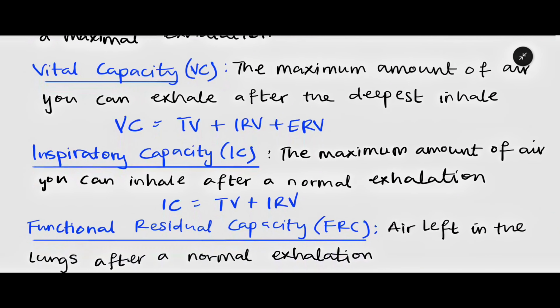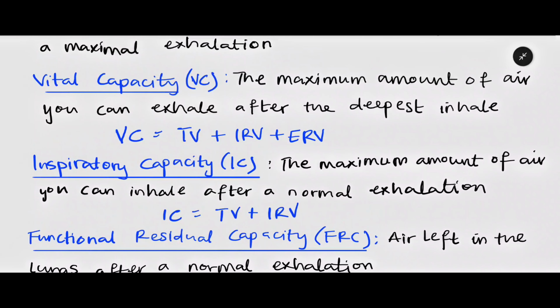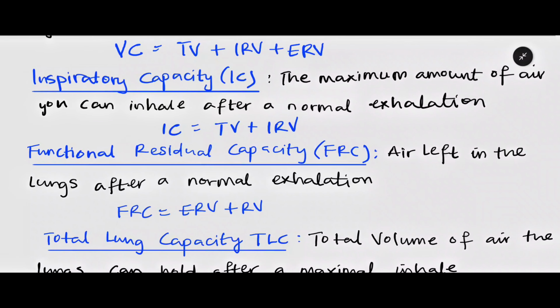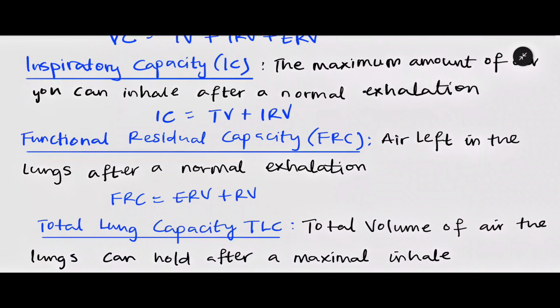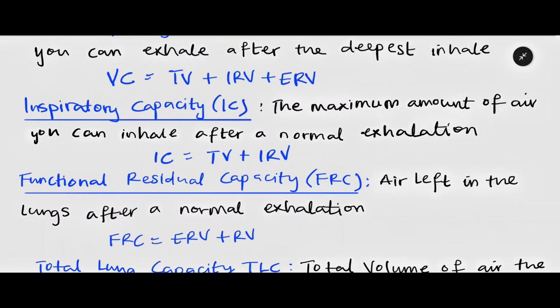Vital capacity, this is the maximum amount of air that you can exhale after the deepest inhale, and that is the formula for vital capacity. It equals tidal volume plus inspiratory reserve volume plus expiratory reserve volume. We have inspiratory capacity, which is the maximum amount of air you can inhale after a normal exhalation, and the formula for this is equal to tidal volume plus inspiratory reserve volume.